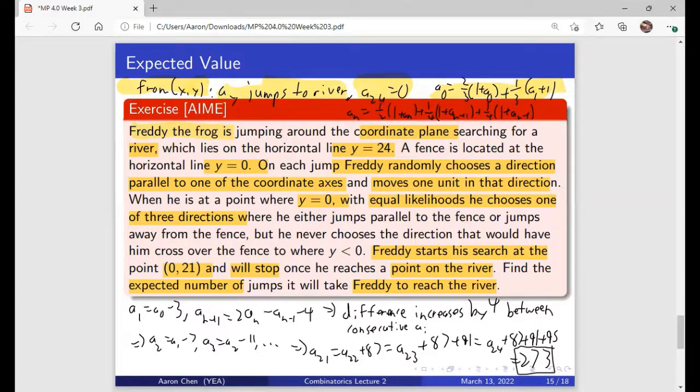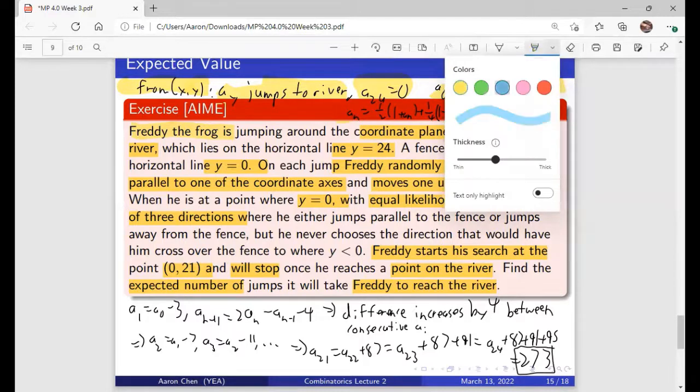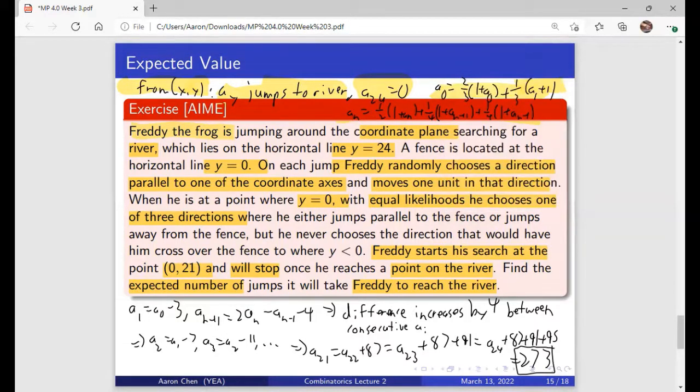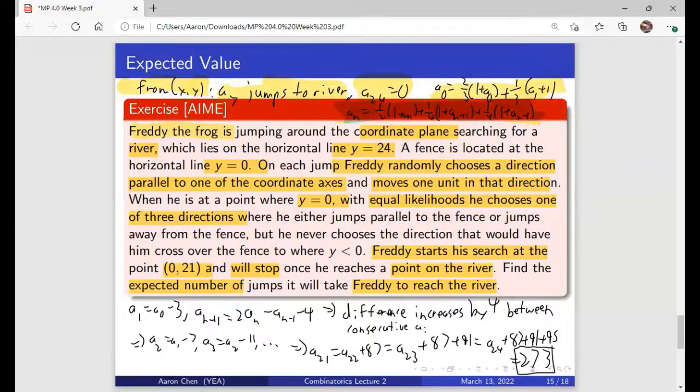So yeah. And for the rest of the numbers, I can't really highlight that using yellow. Okay, let's use this color. Okay, it's not helping much, but I guess it'll do.